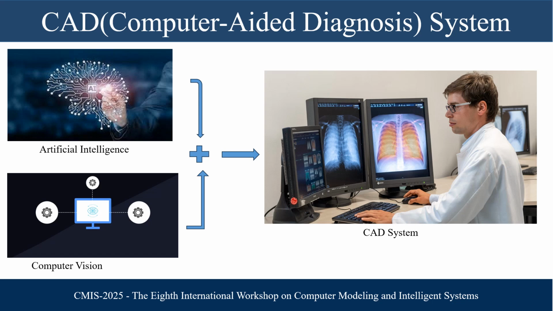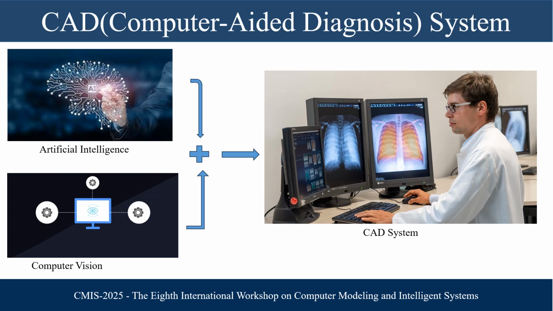Basically, a CAD system is the combination of two popular technologies: artificial intelligence and computer vision. When we work on computer technologies and train our models, our systems work like the human brain, learning from experience to improve performance.